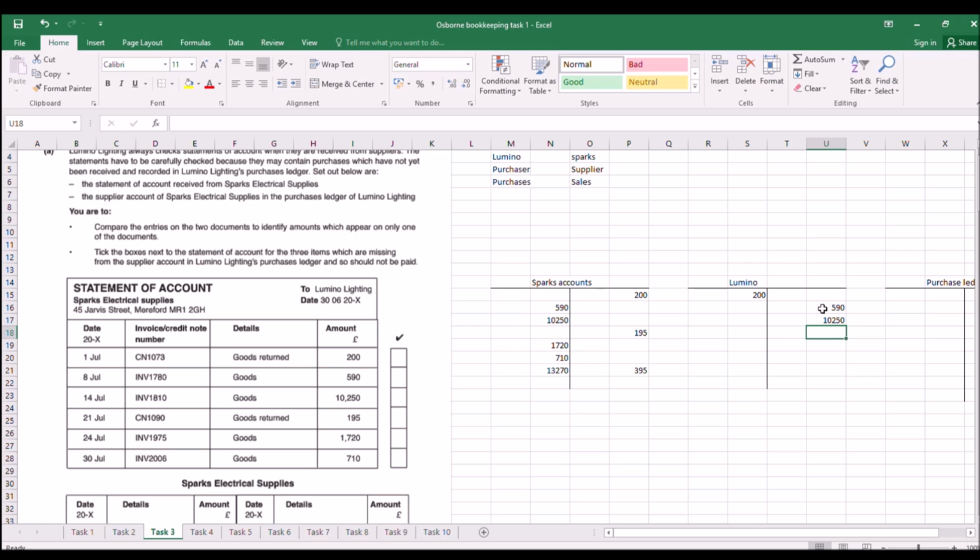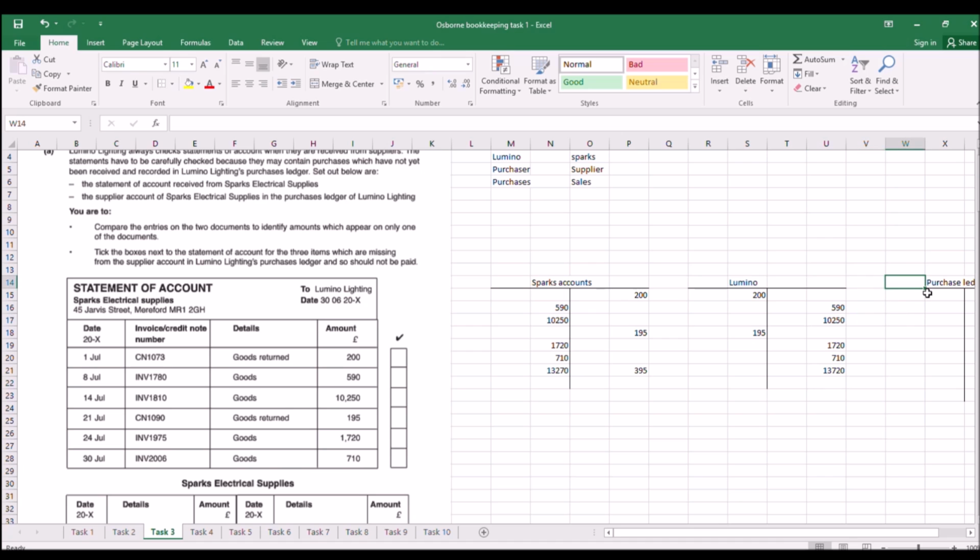We would owe them the money. 195, so we have a credit of 2050, a debit of 195, and another credit of 1720, 7100, 33720. So that's how it should look in Lumino's accounts if Lumino's was the same as Sparks.